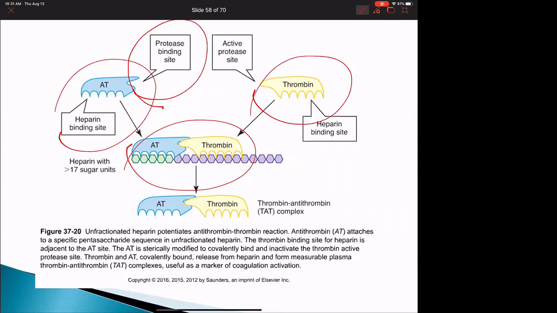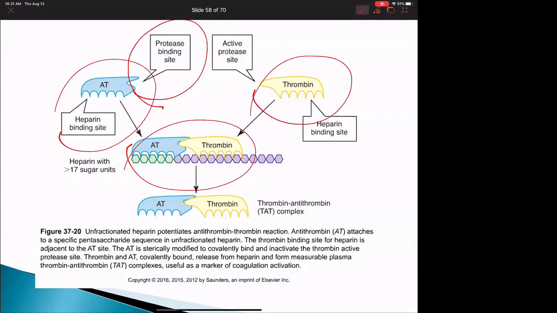So the binding that occurs between antithrombin and heparin will neutralize thrombin. The complex is then released, and the heparin, or the unfractionated heparin, gets recycled. Now, unfractionated heparin potentiates this antithrombin-thrombin reaction.